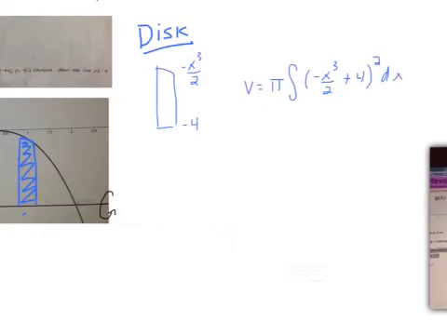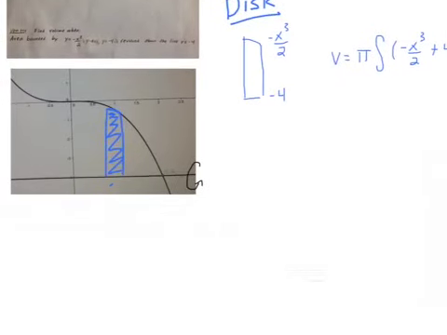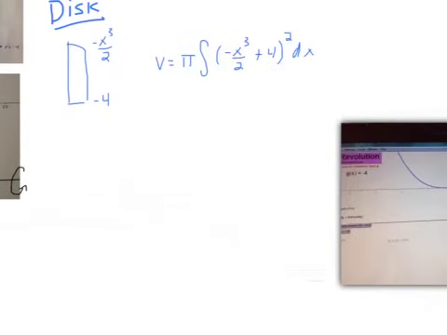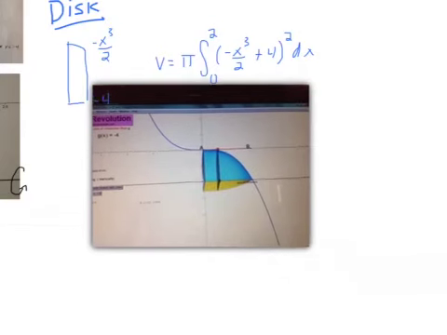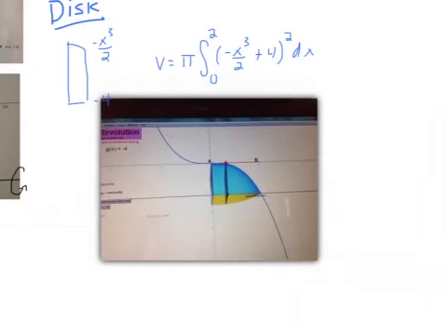And then I look at my graph to see that my limits start from 0, which is over here, and it ends at x equal to 2. So it's going to be the integral from 0 to 2. So going back this way, my integral is going to be 0 to 2. And again, you would evaluate this integral on your graphing calculator. You wouldn't evaluate it by hand. So you're going to find this value on your graphing calculator. And here is what the revolution looks like.